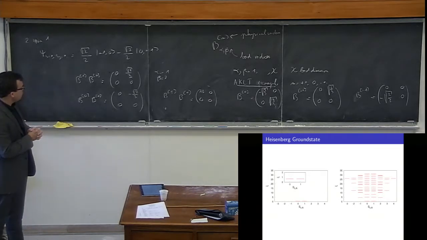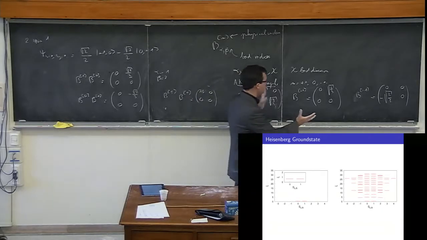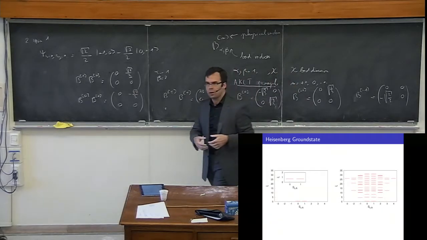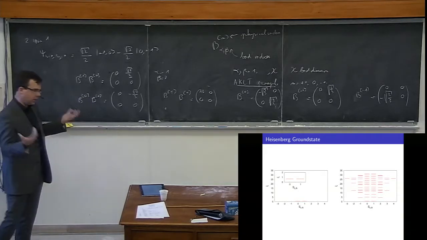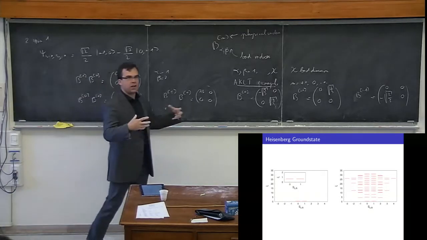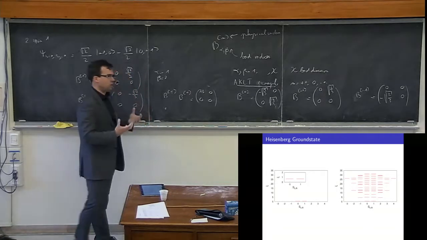At this point, the question you should wonder is why these structures for the B matrices? Why is it not a 10 by 10 matrix? I don't have to increase the size of B if I increase the number of spin 1. Why is it always a 2 by 2 matrix I have to consider?